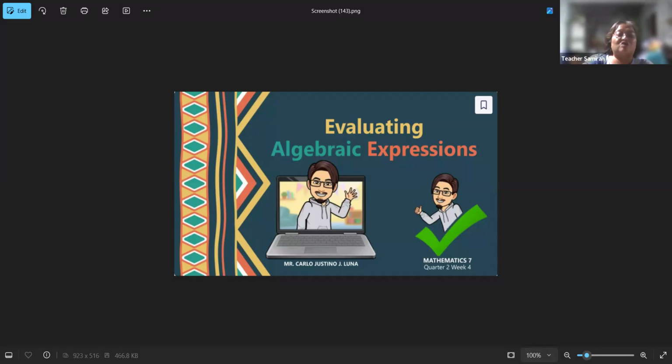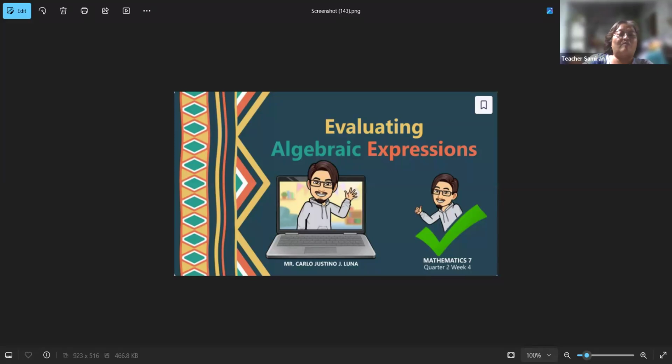Addition, subtraction, multiplication, and division. These will be together with the variables and the constants. For example, x plus 1 or 2x minus 3. That is what you call an algebraic expression.